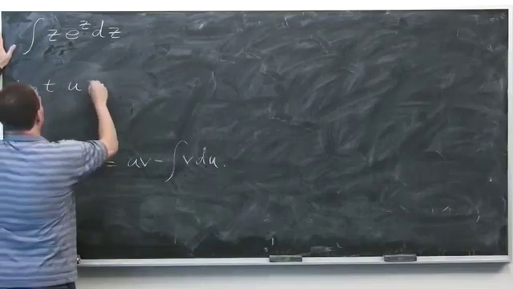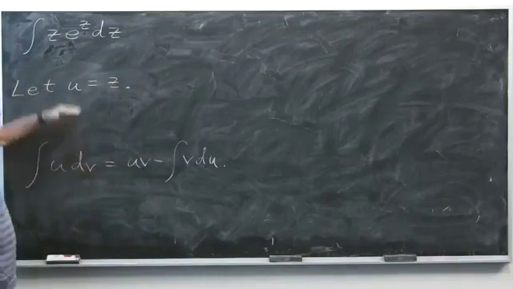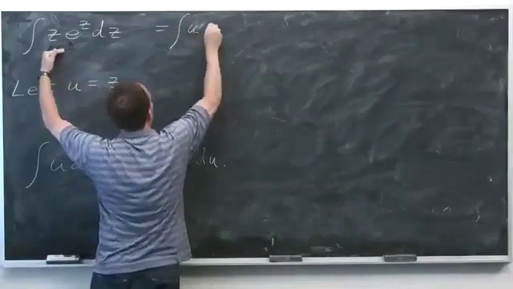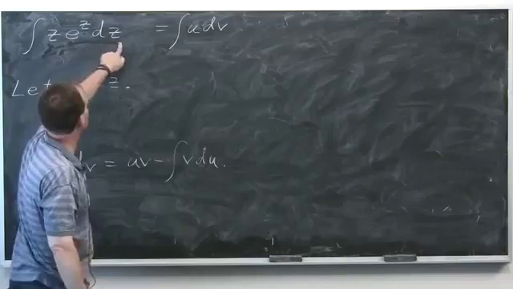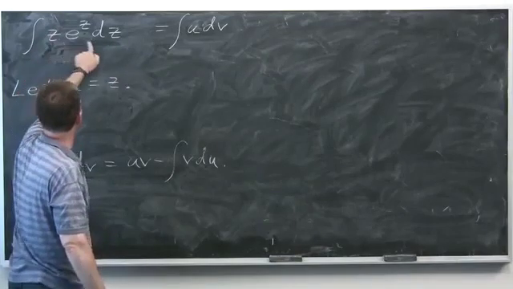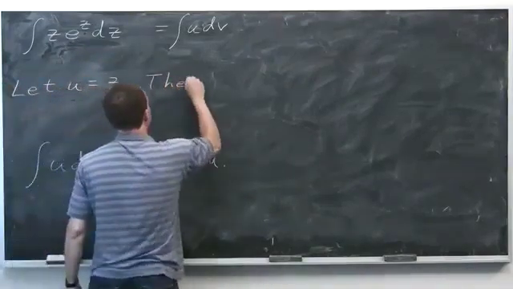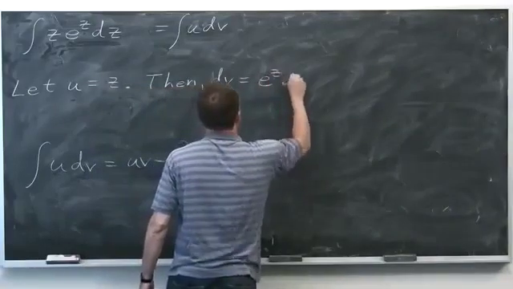So we're going to let u be z, and we're going to integrate by parts. So we want to write this as the integral of u dv. If this is going to be u dv, and that part's u, then this part better be dv. Then dv needs to be e to the z dz.